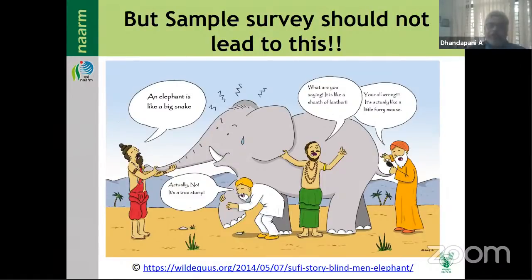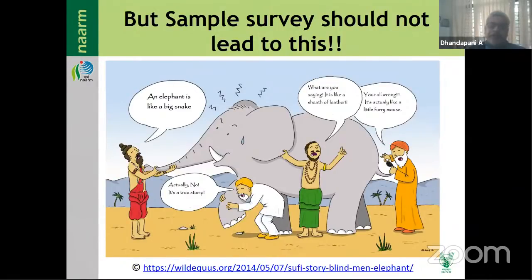When you are looking at a particular sample and trying to understand the entire population, we should not go in this way. You need to have some idea about the kind of population you are dealing with. This idea is very well required.